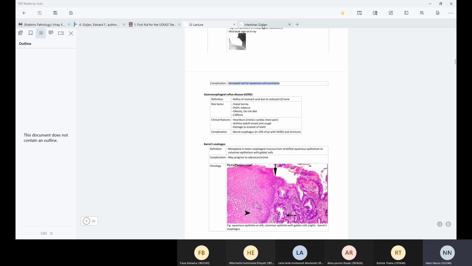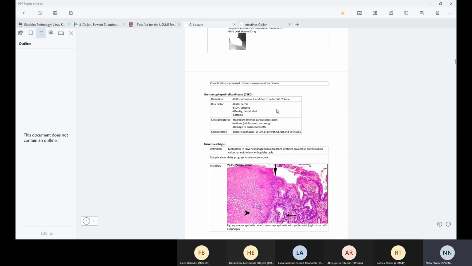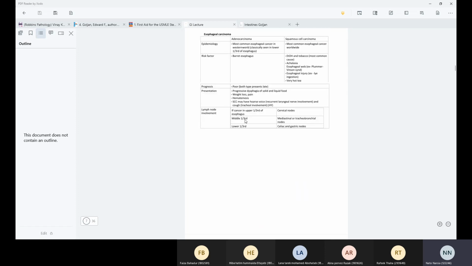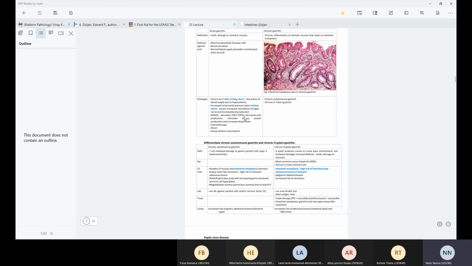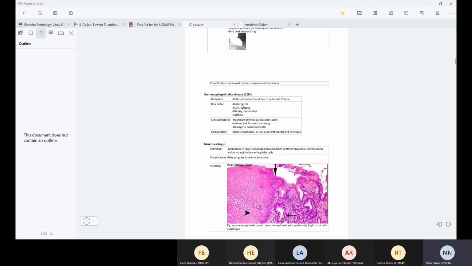In Goljan this is explained, I don't know which page it is, but in Goljan you have hiatal hernia explained. Two types of hiatal hernia we have, sliding and paraesophageal.